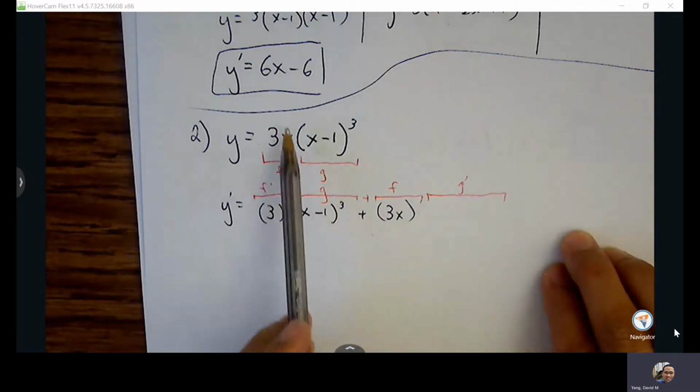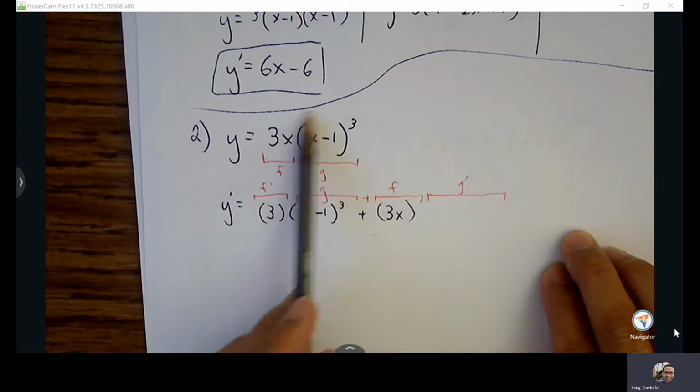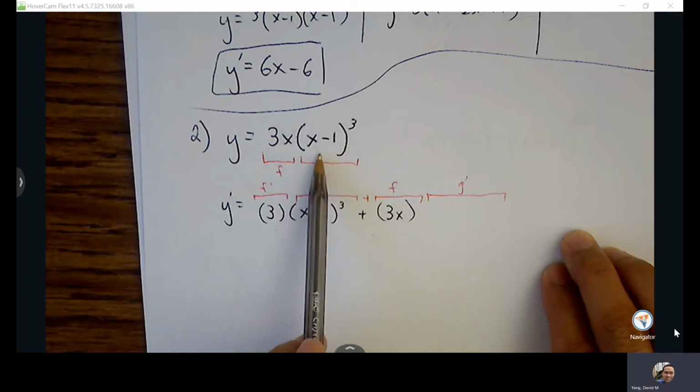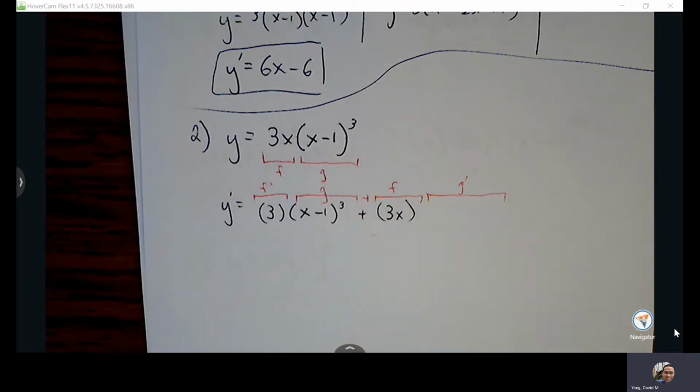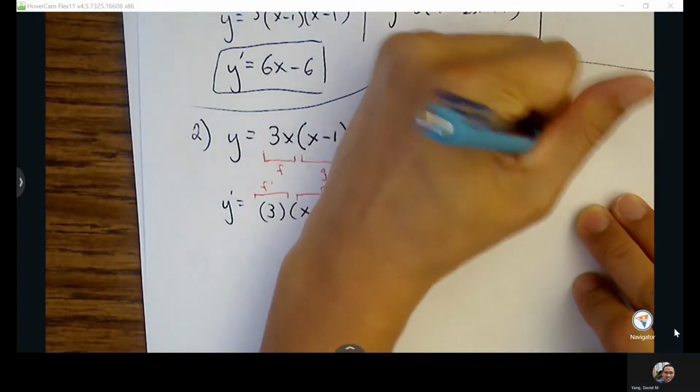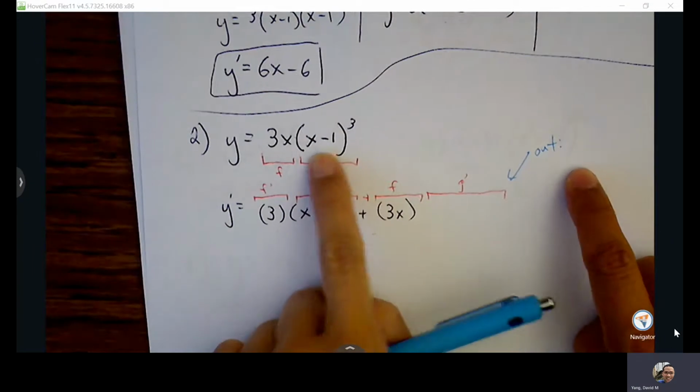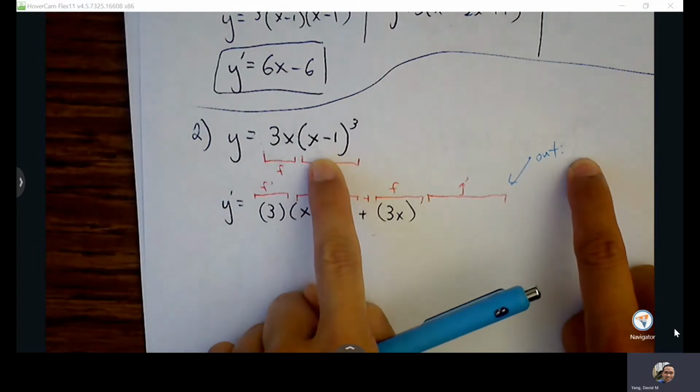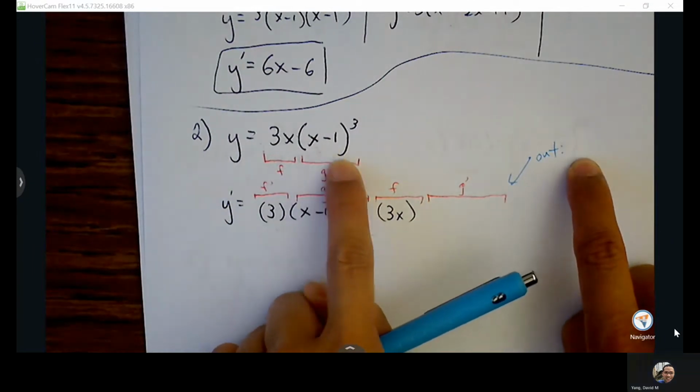Now when we get to g prime, this is a little bit more complex. This is where chain rule will be activated. And with chain rule, we have outside, inside to worry about. What's the outside portion of this second term here?